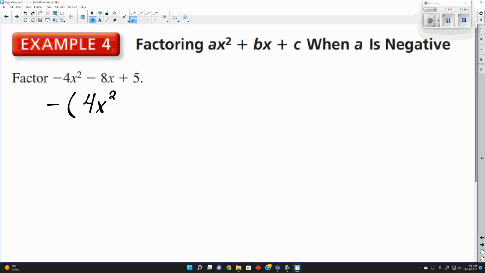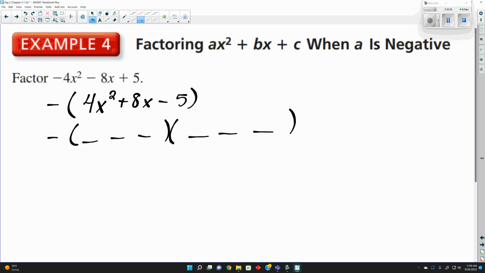And if we factor a negative out of negative 8x, we get positive 8x. And if we factor a negative out of positive 5, we get negative 5. So when we factor that negative out, all we did was change the sign. If it was positive, it's now negative. And if it's negative, it's now positive. And then we'll go on with the rest of the steps like normal.